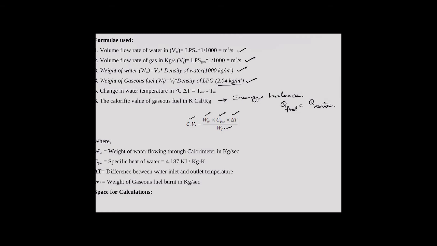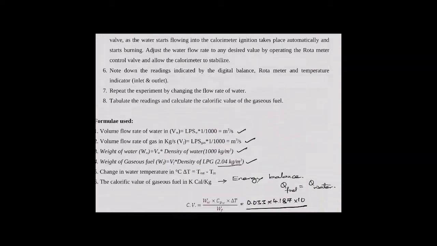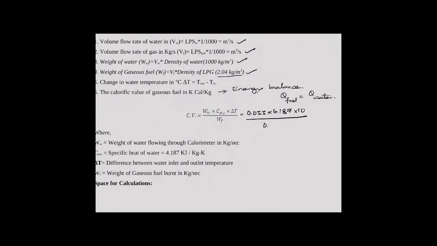So what we are supposed to calculate is the calorific value. The calorific value is equal to weight of the water, which I'm going to take for the first case: 0.033 into Cp of water, which is 4.187 kilojoules per kg Kelvin, then multiplied by the temperature rise, that is 10 degrees, divided by the weight of the fuel, which is 0.034 into 10 to the power of minus 3.